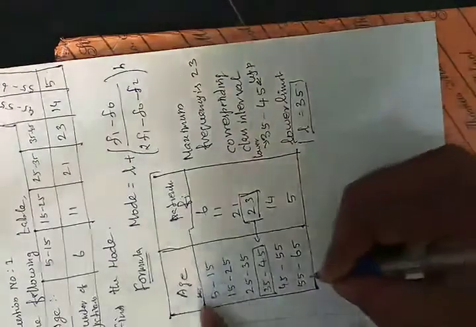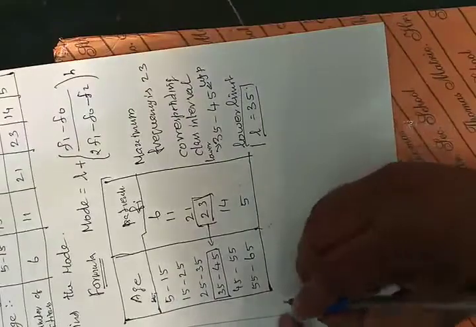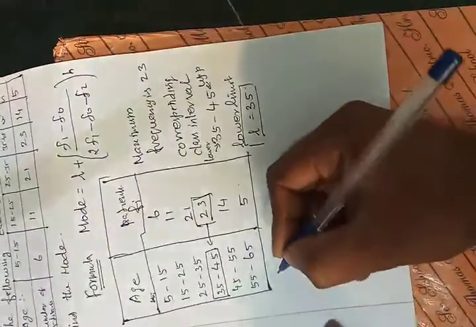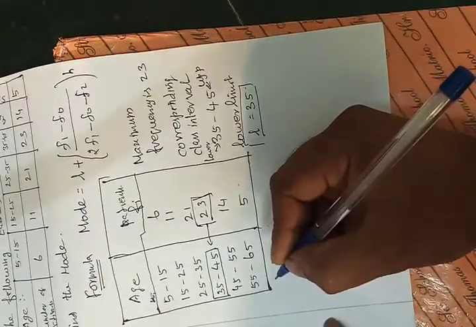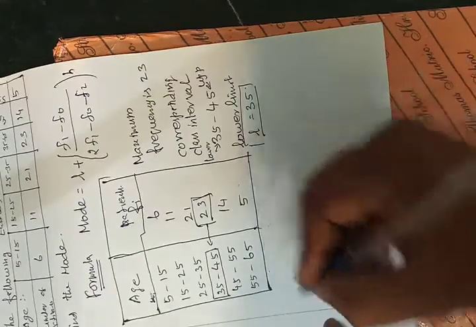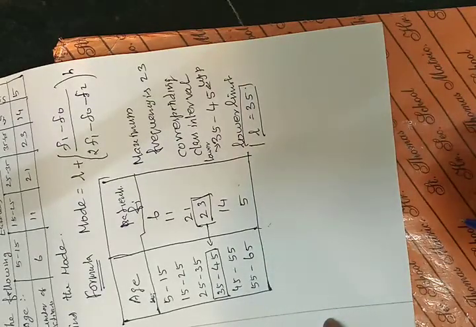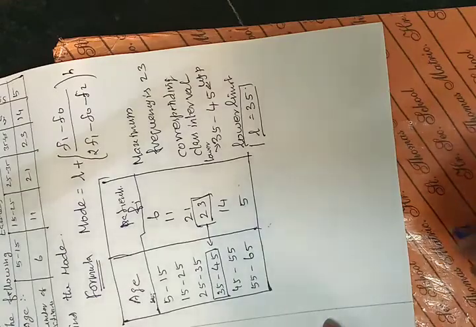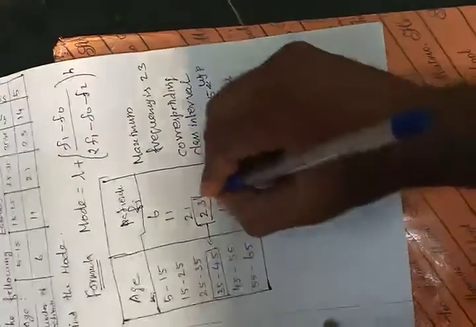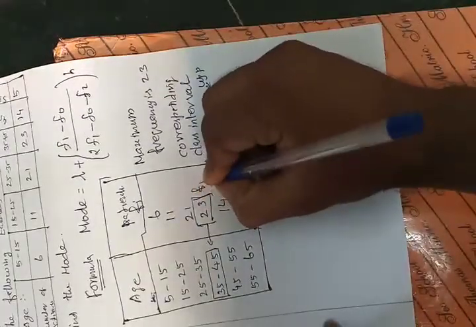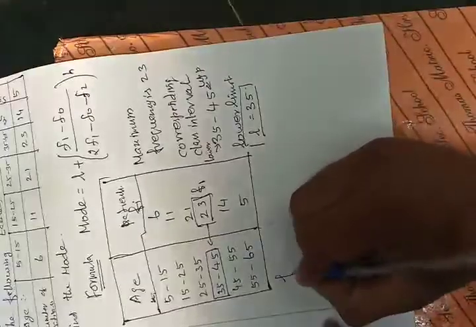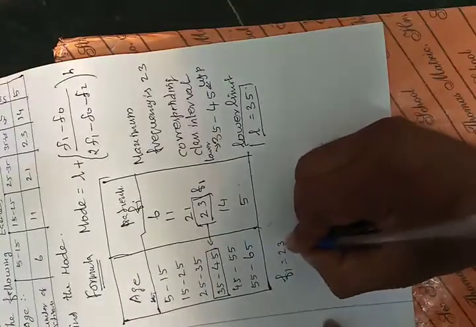Next, we have to find the values of f naught, f1, f2. First f1: you take 23, so f1 is equal to 23.